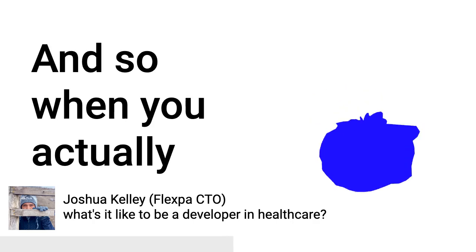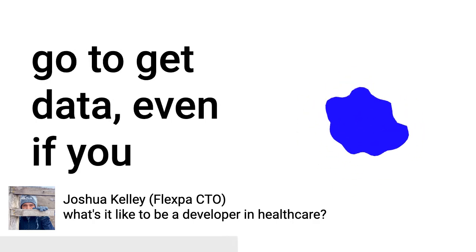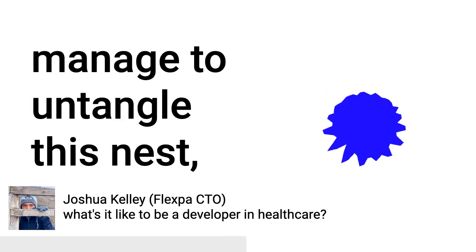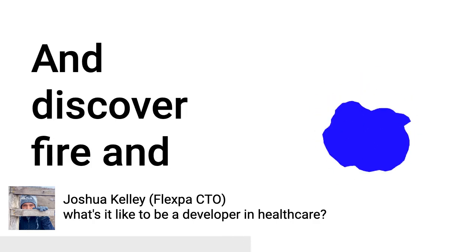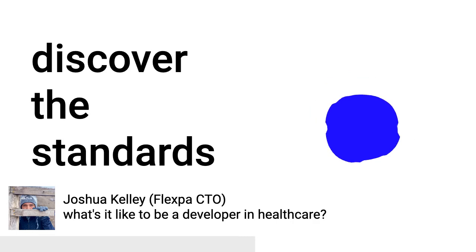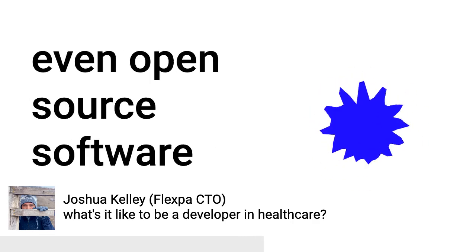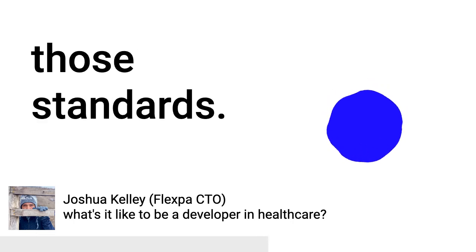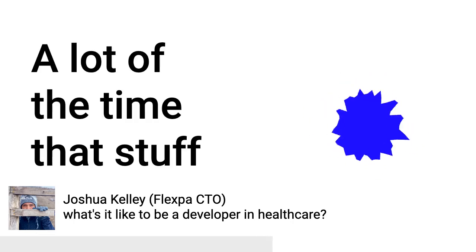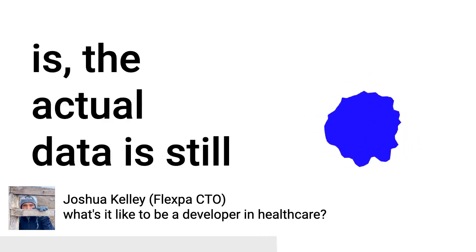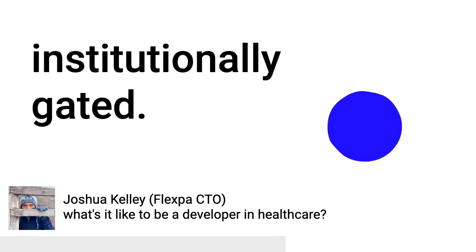And so when you actually go to get data, even if you manage to untangle this nest and discover FHIR, and discover the standards process, and discover even open source software that's implementing those standards, a lot of the time the actual data is still institutionally gated.